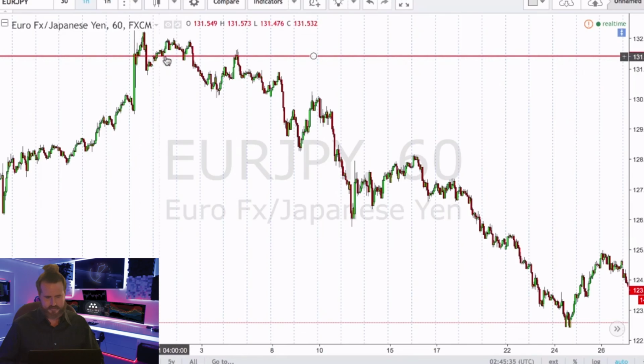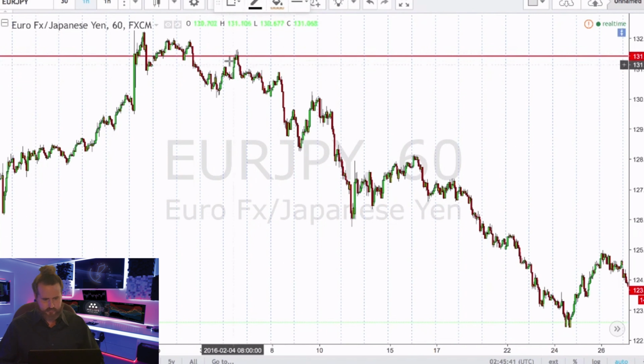Let's take the entire checklist, and we're going to first identify our support and resistance. This is an area of support, and that's an area of resistance. Let's imagine we don't see any of this part right here.